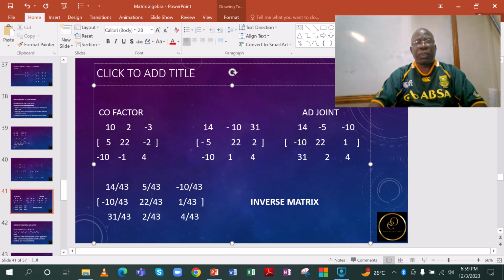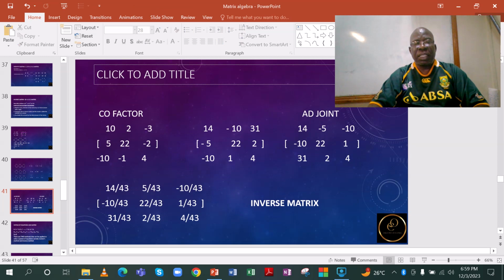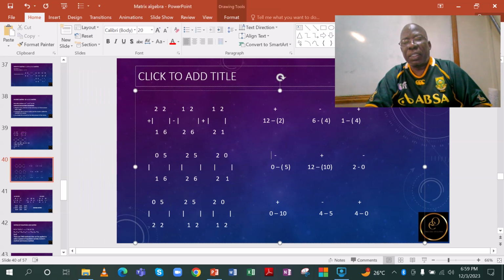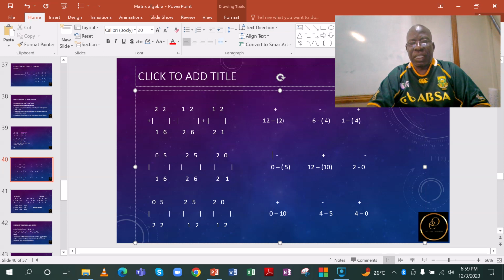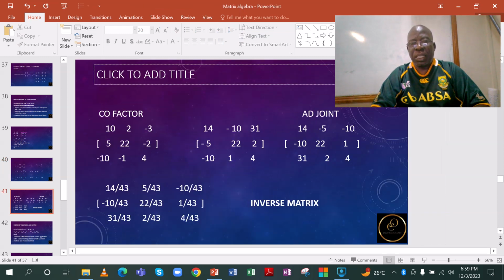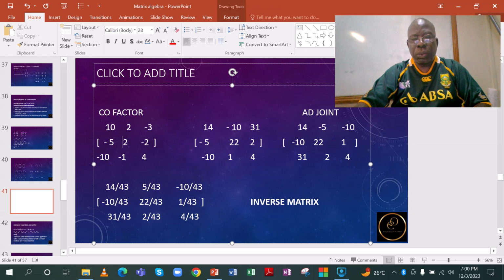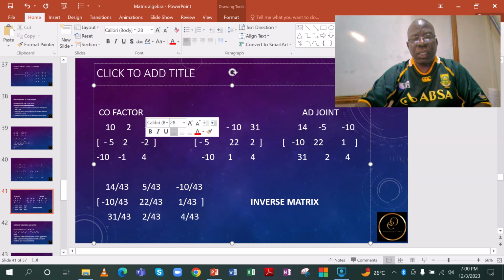Then we have the next line. What will be the next line? The next line will be negative 5, 2, and 2.